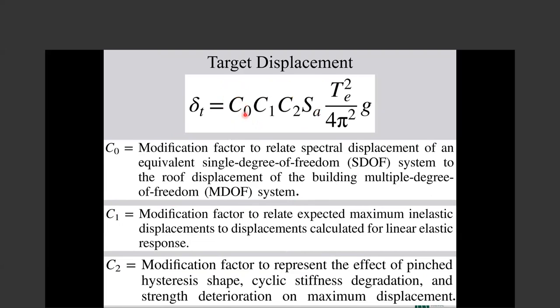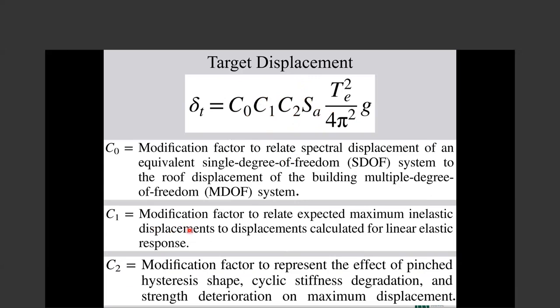It's what is C0. Okay, C1, remember, because this spectrum comes from linear behavior, so for nonlinear behavior, how much displacement changes if building behaves linear or nonlinear is C1. If the details are not good, C2.